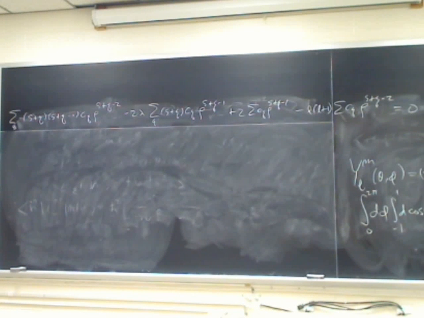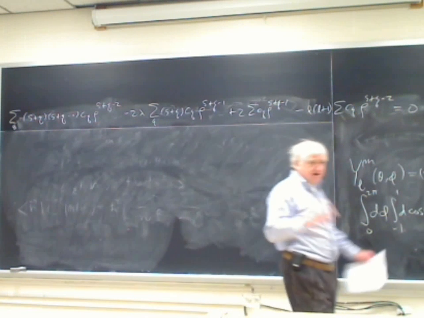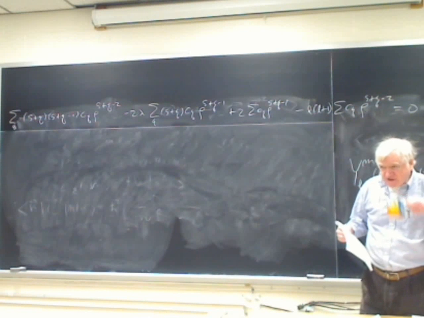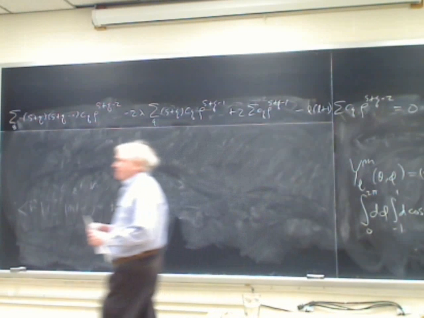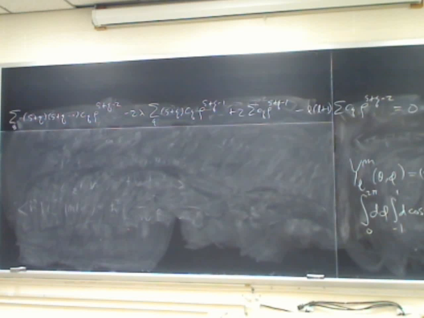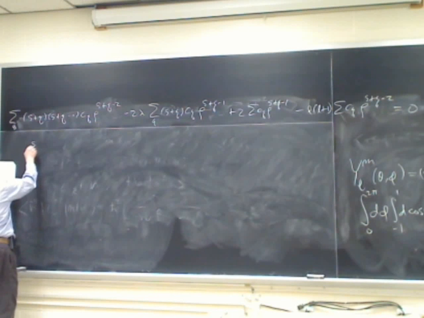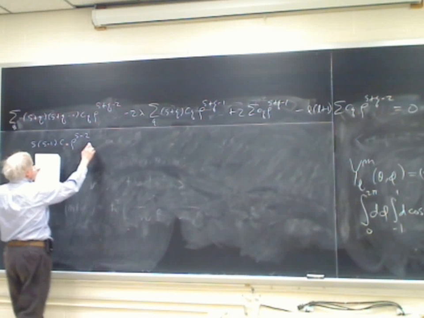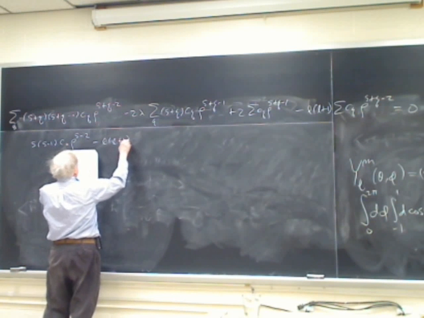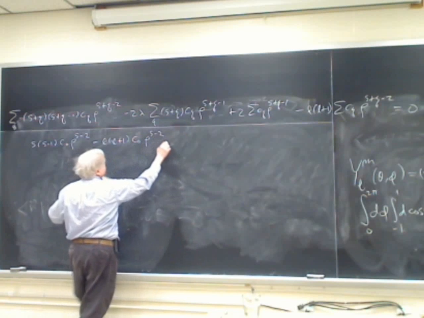Okay, so now we examine this equation in the vicinity of r equals 0, something we've already done several times, in order to obtain the indicial equation, which tells us what the value of s actually is. The terms that dominate are the terms that have q equal to 0. So we have s times s minus 1, c_0 rho to the s minus 2, minus L plus 1, c_0 rho to the s minus 2 equals 0.